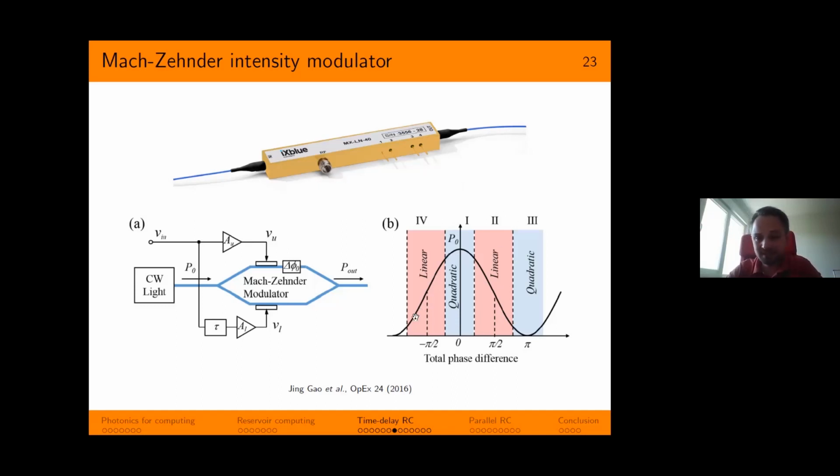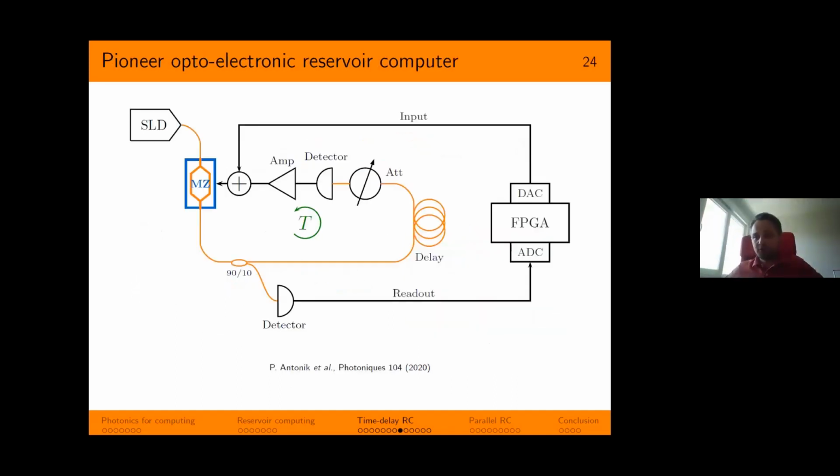It's actually linear or slightly nonlinear when the modulation signal is weak, and it becomes quadratic for high modulation voltages. So this optical modulator is an optical device with a nonlinear transfer function that can be used as the activation function for the virtual nodes in a time delay system. And this is the scheme of such a system.